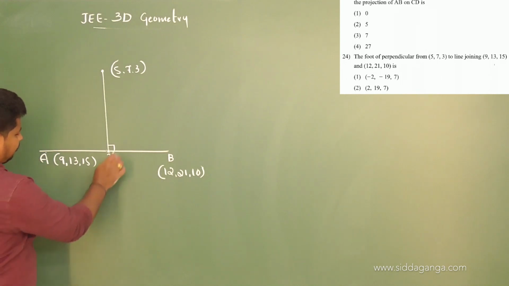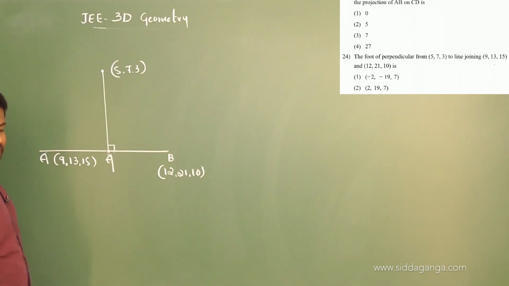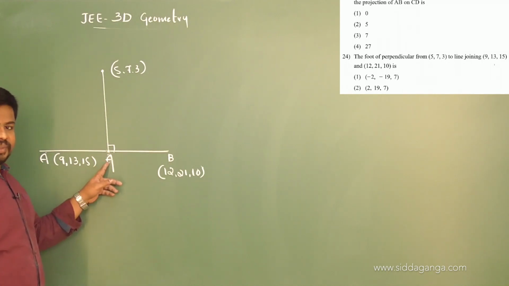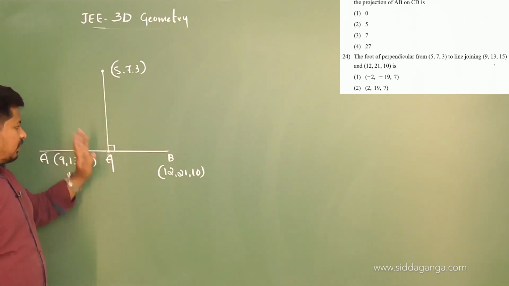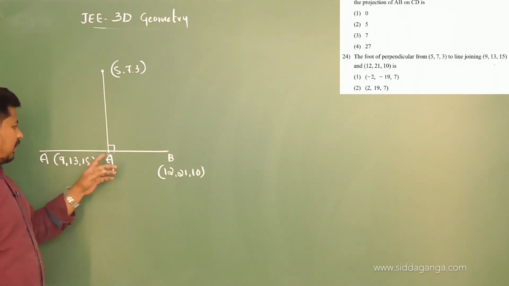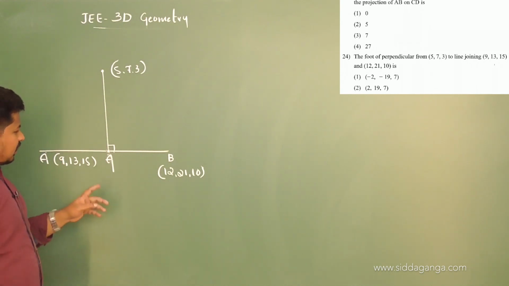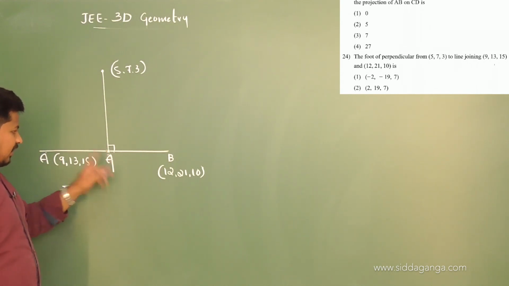Let us assume this is point A or point B. First let us assume this is A, because they don't say A is anywhere on this line. Therefore, consider this foot of the perpendicular is A.